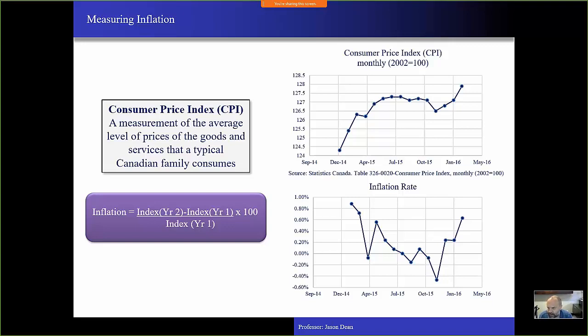So we're at, I should say, $1.20. The next day the price goes up to $1.30. Okay, so the price went up 10 cents per liter. That 10 cents as a proportion of what it was before, the $1.20, is what we're interested in. And so we would take 0.10 and then divide it by 1.20, multiply that by 100, and we would get the percentage change in the price of gas.